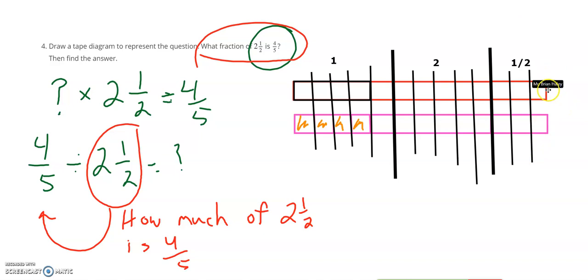This is a half of a fifth. A half of a fifth.